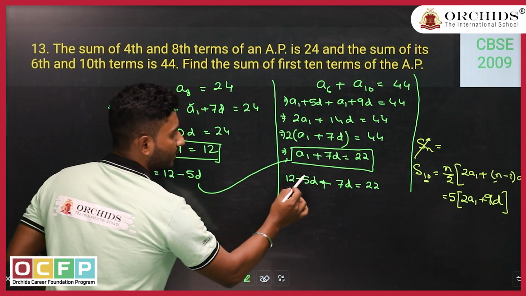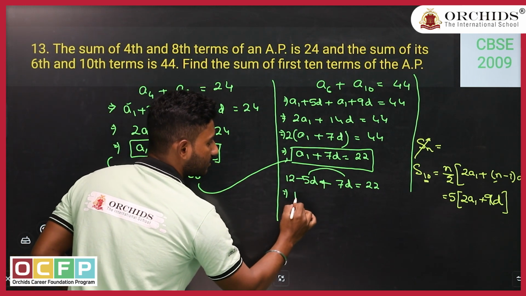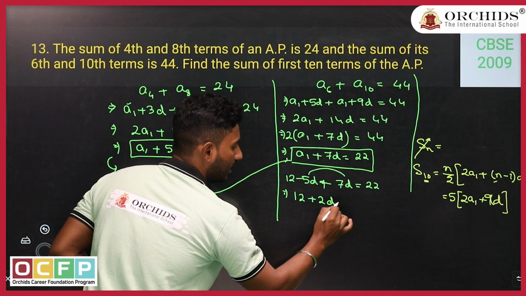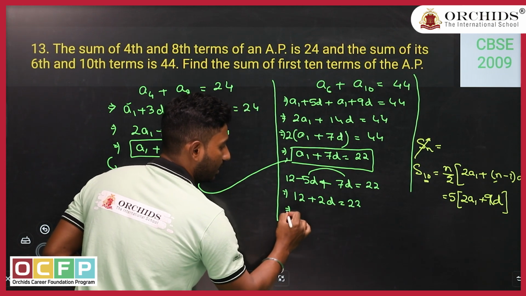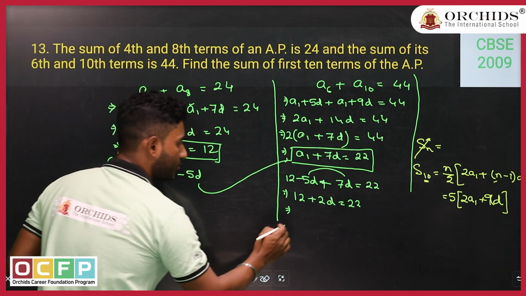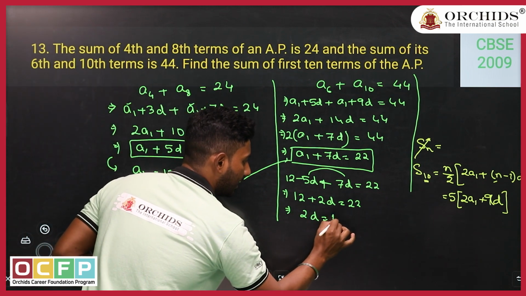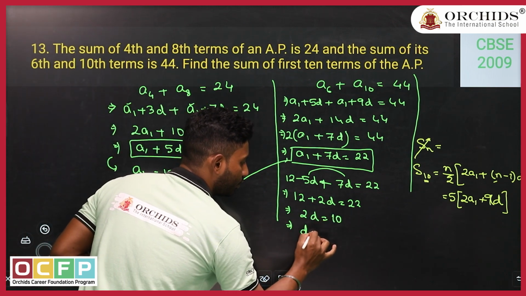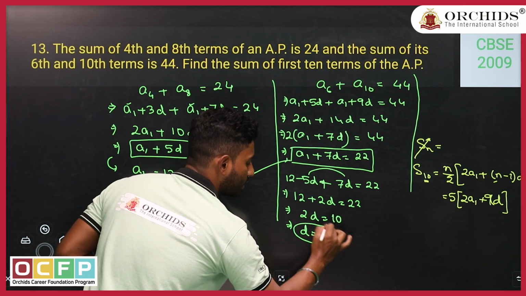Solve this. What is minus 5D plus 7D? 2D equal to 22. Bring 12 this other side. 22 minus 12. How much? 10. So therefore D is equal to 5 I have got.